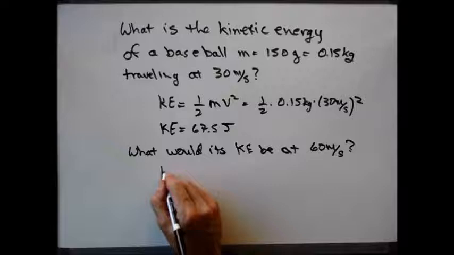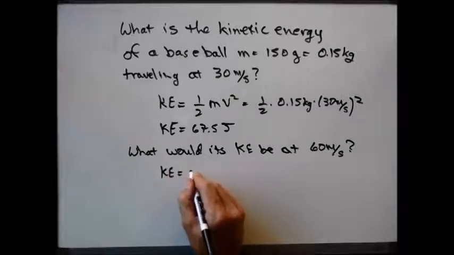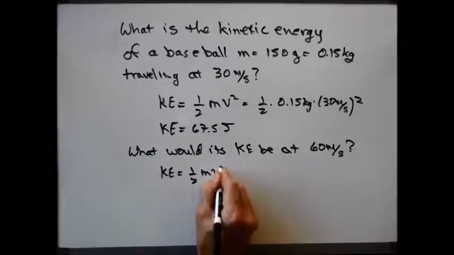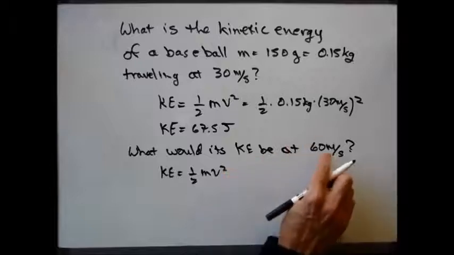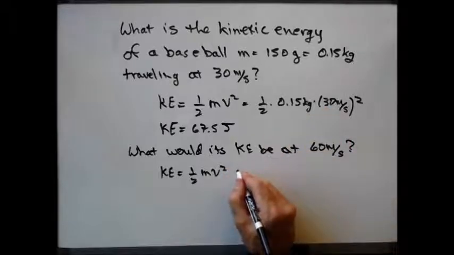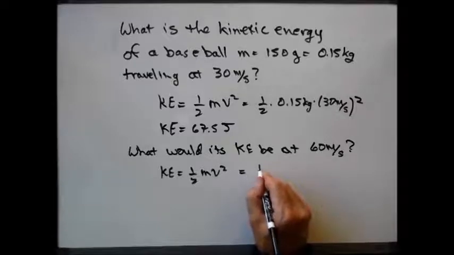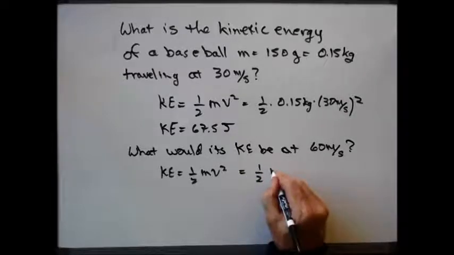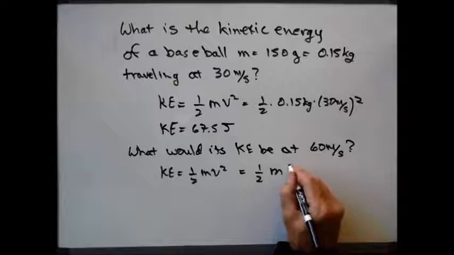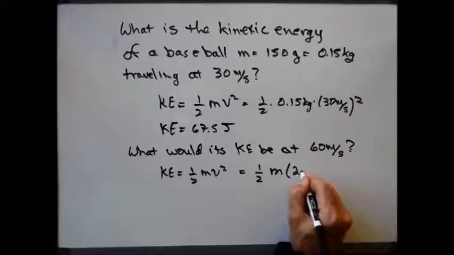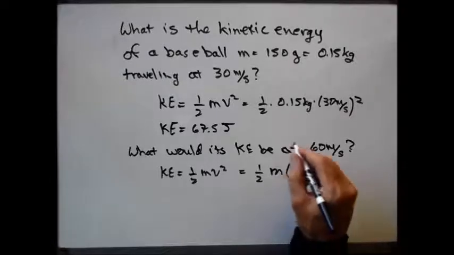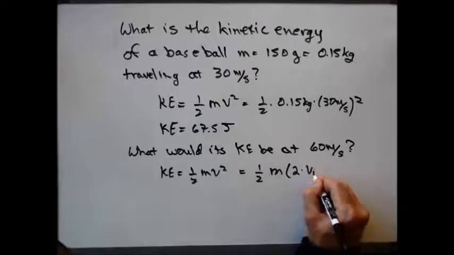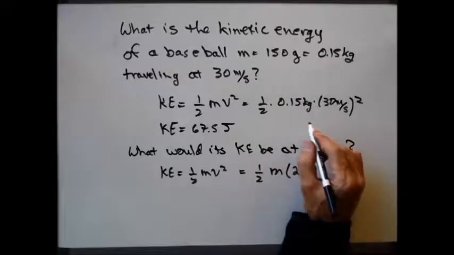Once again, kinetic energy is just 1/2 mv squared, but if you notice, our velocity is twice this one. And so if we wanted to, we could say, well, this is just 1/2 m times twice the previous velocity. I'll call this v1 or something like that for this guy.